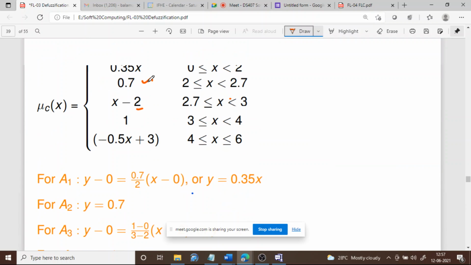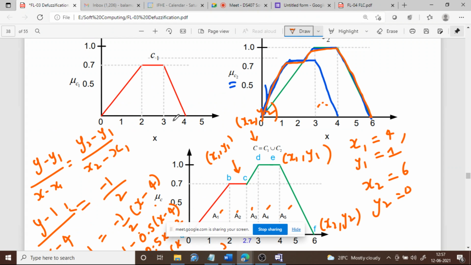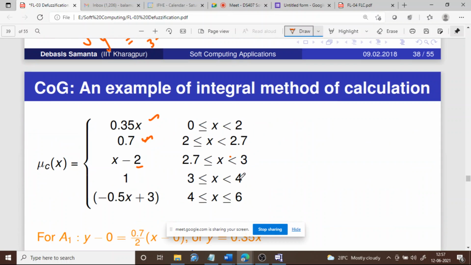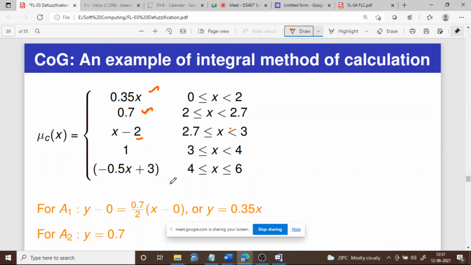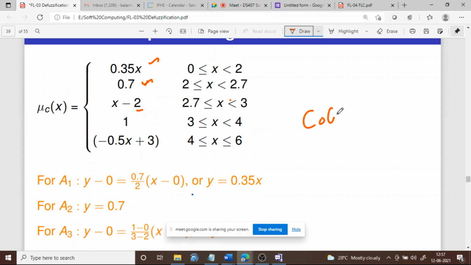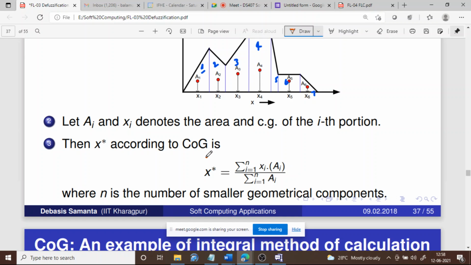So these are the various areas we got for different portions of the curve. For this portion this is a1, then a2, a3, a4, all these things we have collected. Now we are discussing the COG method, center of gravity method. We are going to apply this using the integration technique.